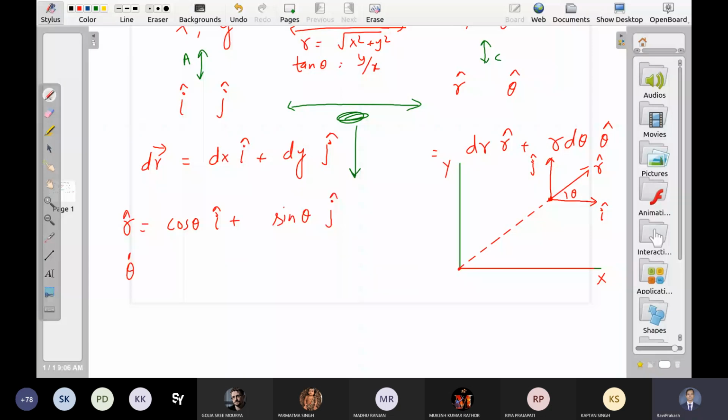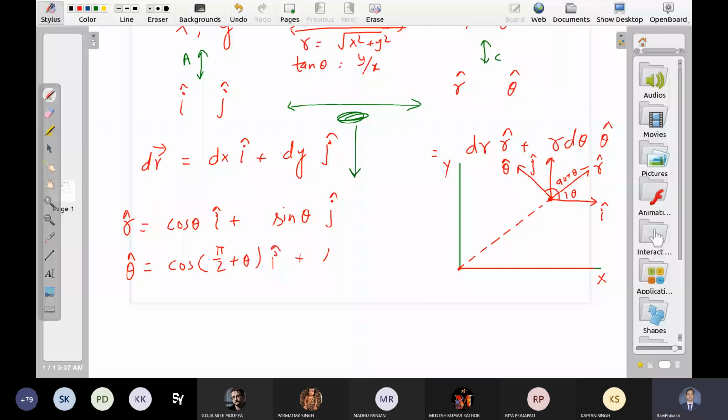So theta means this, right? This is theta cap. What is the angle made from the x-axis? 90 plus theta, right? So what is the x-axis component? Cos of 90 or pi by 2 plus theta i cap plus sine of pi by 2 plus theta j cap, right?